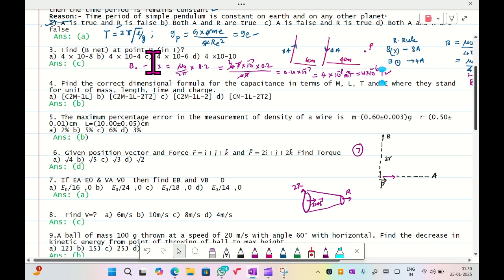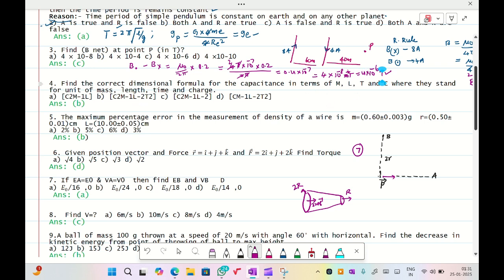So then answer C will come. Like these problems only will confuse. If we go with answer A, it means immediately the answer comes 4 into 10 power minus 8 Tesla, which is wrong. So it is a simple, basic question, but the conversion of centimeters into meters, I will calculate very thoroughly, right?